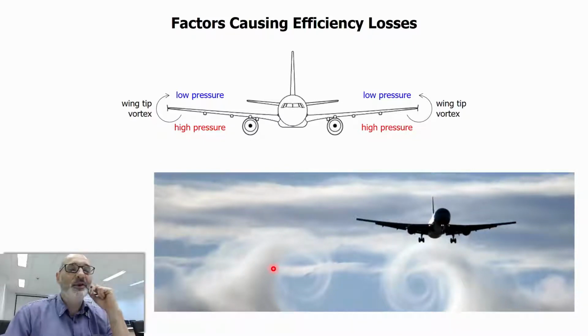If you type wingtip vortex on the internet, you're going to get very beautiful pictures. But the point is that you have losses of energy, because you're spending energy to create this circular movement, while the idea was to convert all the internal energy into kinetic energy. So you have wingtip vortices in windmills.